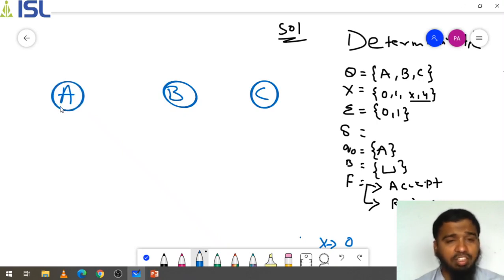Okay. In the 3 states, initial state is A, that should be represented.